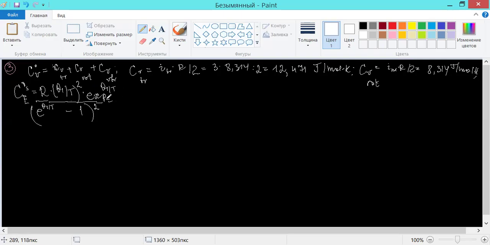So let's plug in the values. I hope that you copy down F1. So F1 is 1944. 1944 divided by the temperature squared.